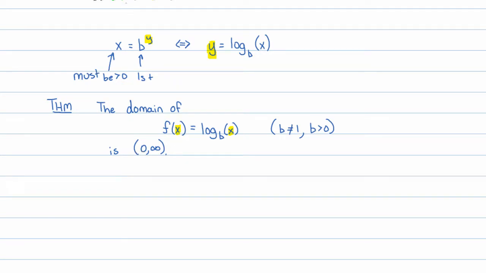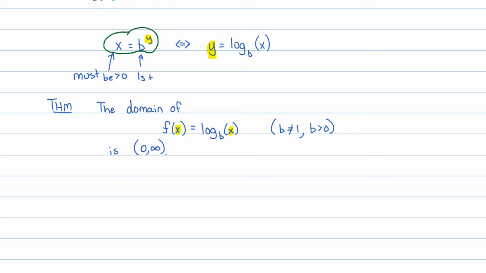But suffice it to say that if you take a look at this function right here, and remember, b is positive, y could be anything I want, actually. So I could plug in any value for y here, negative billion, positive 3,000, whatever I want.